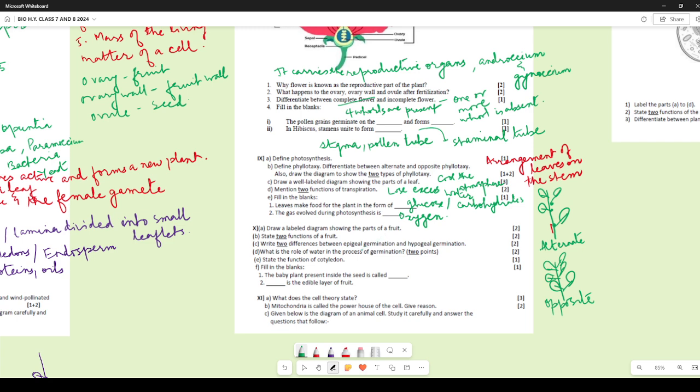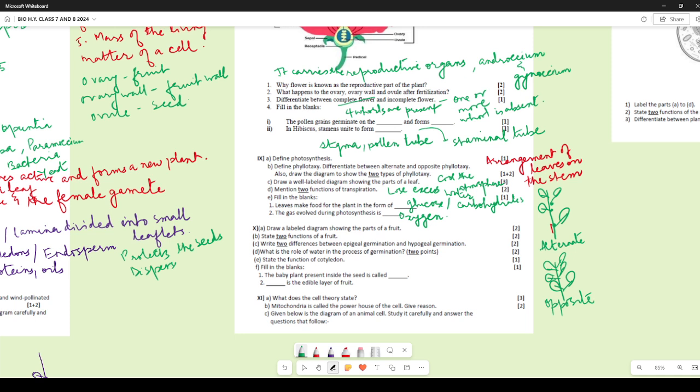State two functions of the fruit. What are the functions of the fruit? First and foremost, it protects the seeds, right? A fruit will protect the seed because the seed will give rise to a new plant, so they need to be protected. And what other functions of fruit are there? It helps in the dispersal of seeds as well.